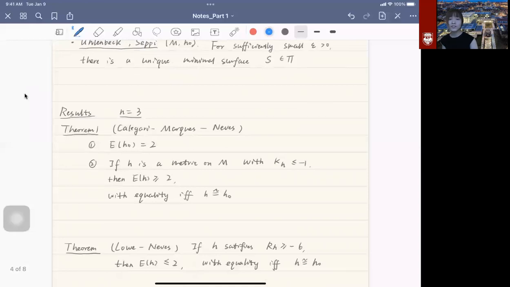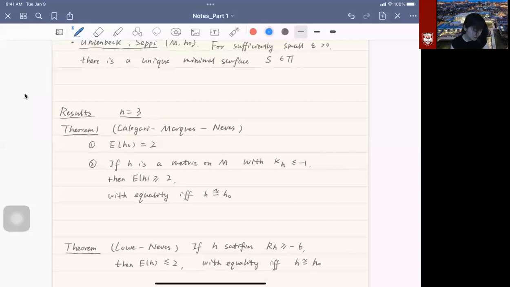Okay, now I want to introduce some main theorems. First, we look at the results for dimension 3. It was proved by Calegari, Marques, and Neves that the entropy of the hyperbolic metric is equal to 2. Secondly, if h is another Riemannian metric on M with sectional curvature less than or equal to -1, then the entropy of h must be greater than or equal to 2.